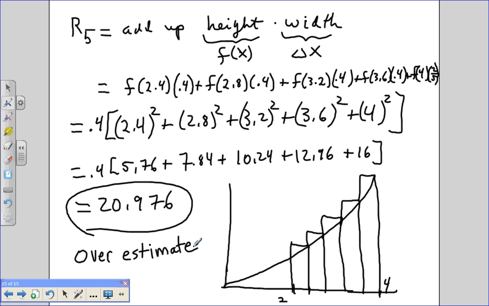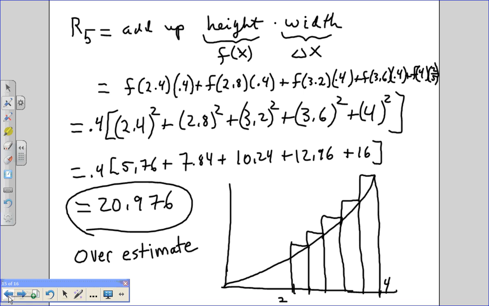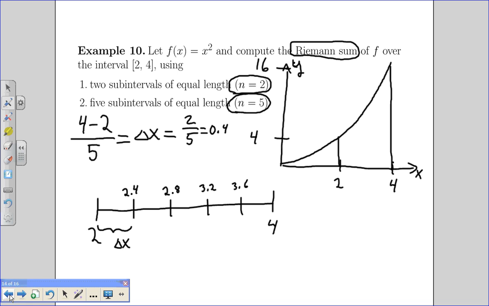So if we take left-hand endpoints, we're going to get an underestimate. We're going to start at 2 for the left-hand endpoints, because that's the very first one we get to on the left.